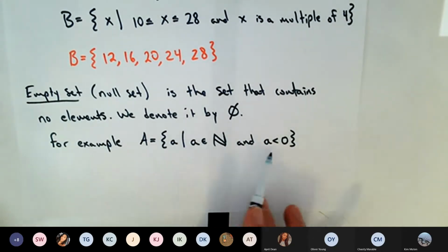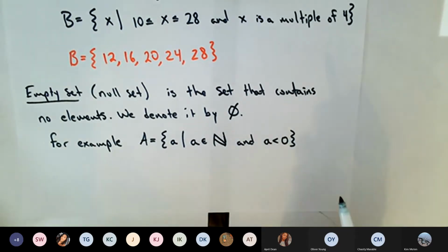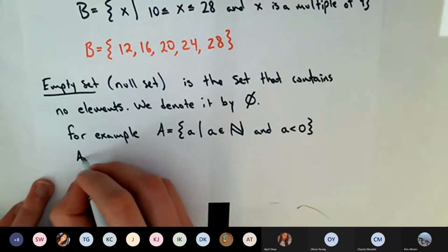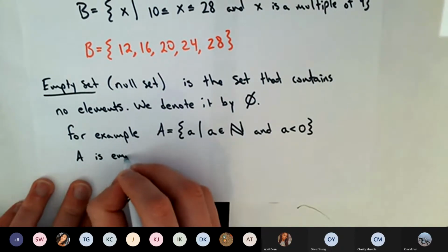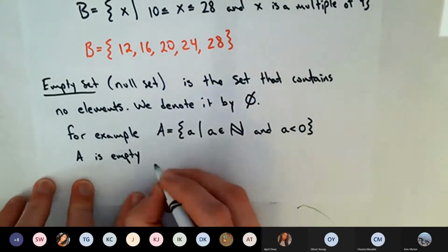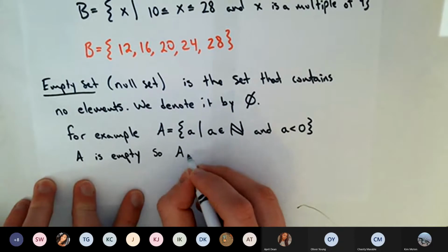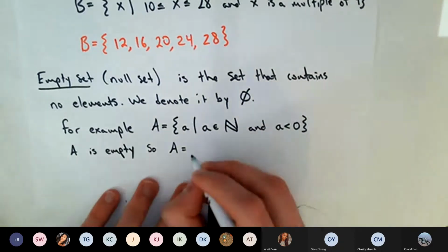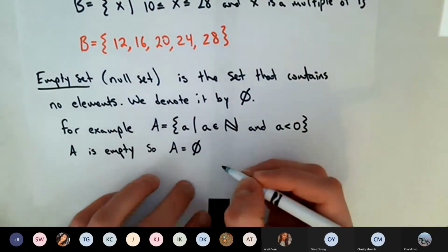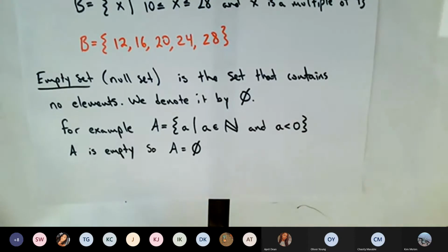But these are contradictory, right? So what's in this set? Well, nothing is in this set. A is empty because of the way I constructed it. So A is equal to the empty set. There's nothing in there. No elements in the set.